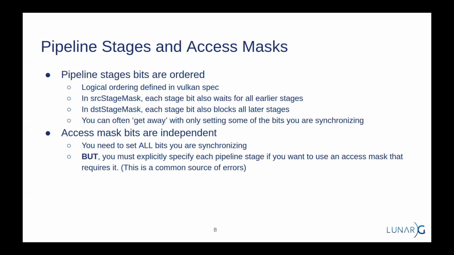So that would block on the vertex shader and anything before the bits you set. And the destination stage mask is the opposite, where it also implies all of the stages that are after whichever bits you set. So you can get away with not listing all the stages that are actually involved in the commands that you're using here.